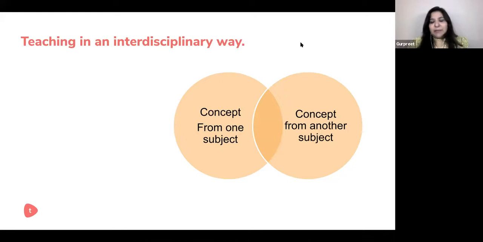So, as an examiner for IDU last year, when I was correcting the interdisciplinary units for May 2019, what had happened was that looking at the kind of answers the students were writing, you could see that they were using skills from both the subjects.